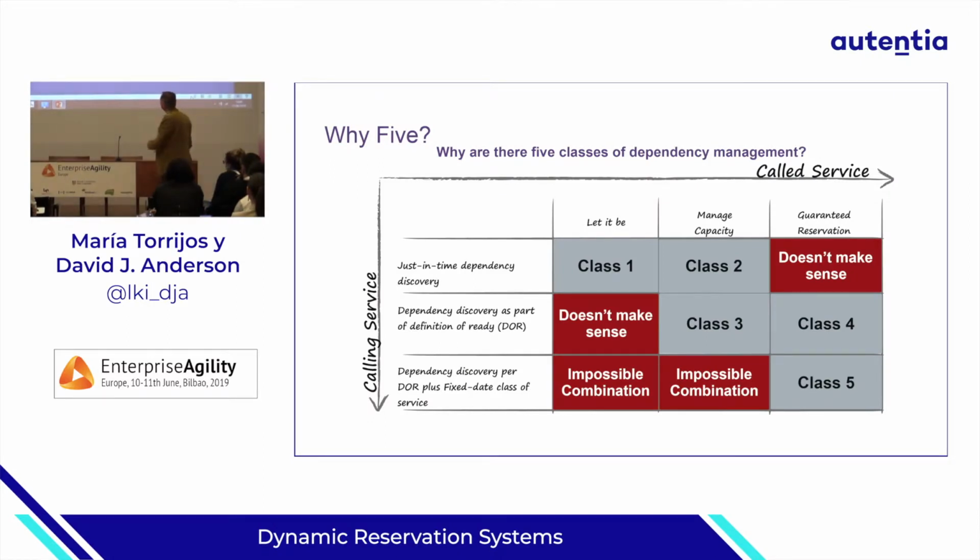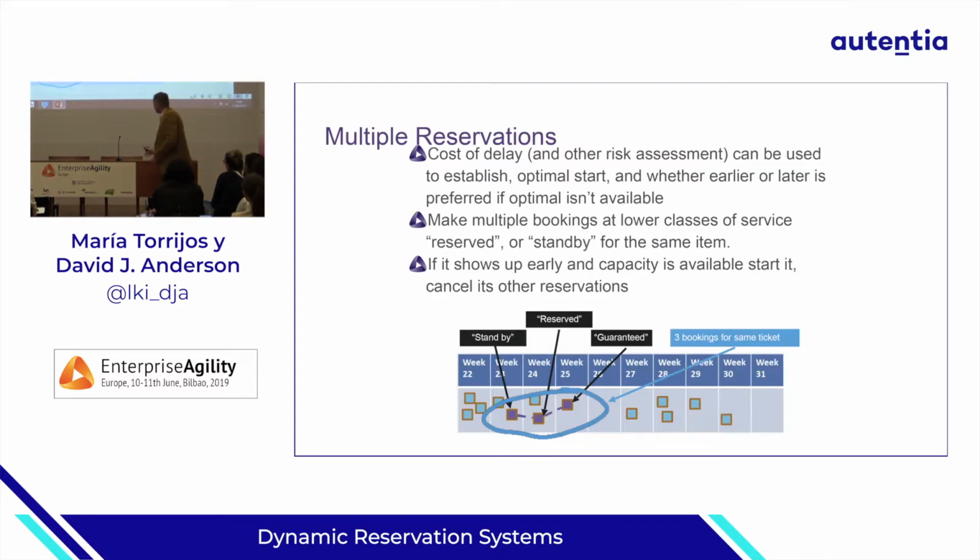Oh, just one more slide back. It is possible to make multiple bookings based on urgency. So week 23, the ticket we're holding, it's not that urgent right now. If you could start it, we'd love you, but it's all right. Week 24, we're beginning to feel a bit uncomfortable in our chair. It would be kind of nice if you really started it this week.